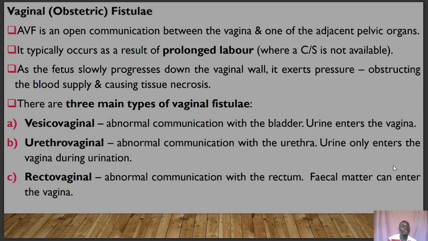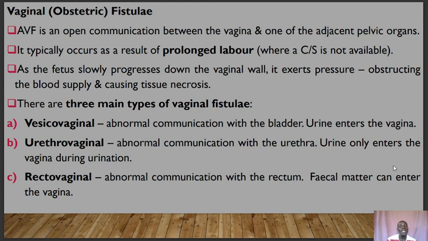So the vesicovaginal is an abnormal connection between the bladder and the vagina. The bladder is the storage for urine. So if there's a connection between the vagina and the bladder, it means that urine will now be entering the vagina instead of being stored in the bladder.